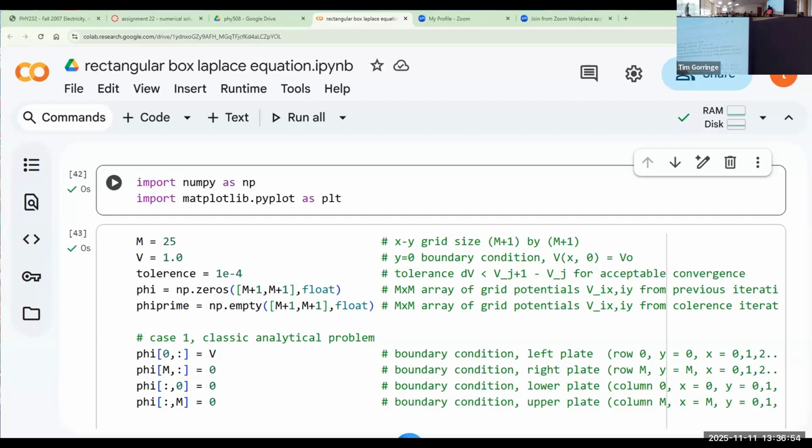The way I set this up, this specifies that row 0, the 0th horizontal row, is at potential V. Am I answering your question? The problem is that the plot rotates. Yeah, and I know how to unrotate it.